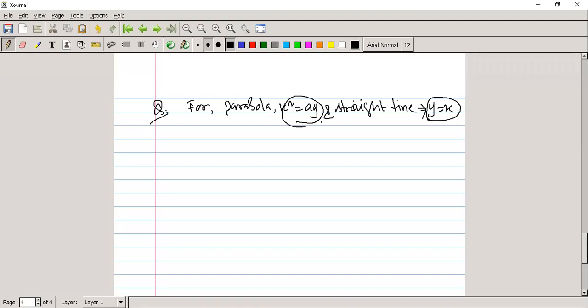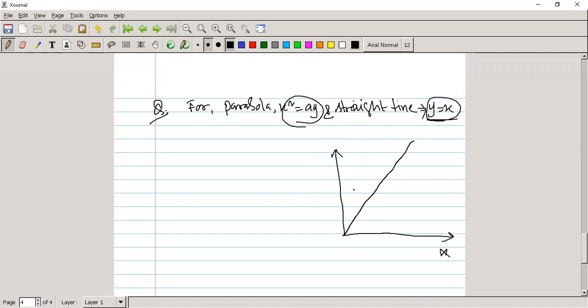For that we have to first draw the diagram. Sorry for my bad drawing here. Y is equal to x means it is a 45-degree angle, right?